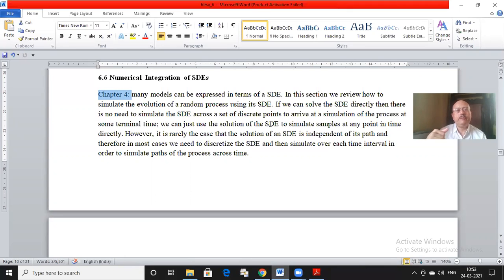So in real life, in most cases, we really need to discretize the SDE and then simulate over each time interval. So we are basically going to create paths, simulate paths, and then average over all the paths to arrive at a reasonable approximation for the prices. That would be our approach. We are not able to analytically generate solutions or even numerically approximate the final solution.